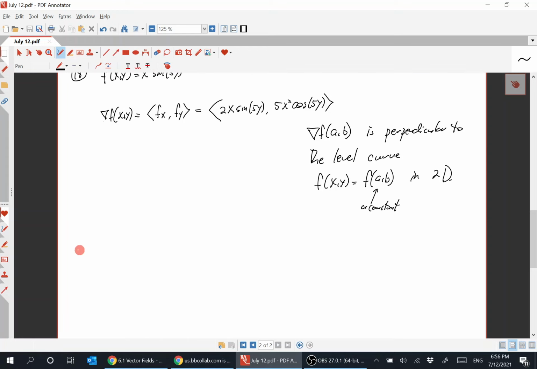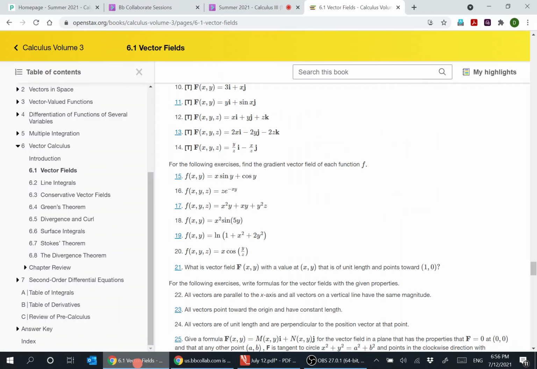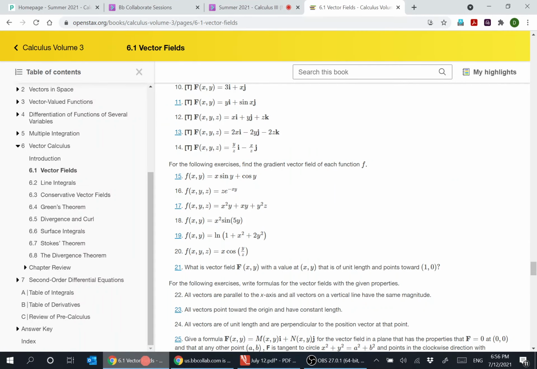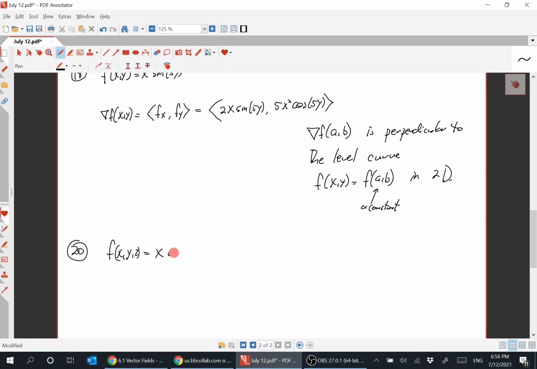Number 20. Three-dimensional gradient field for a 3-variable function. So here's the function. What's the gradient field? So f of x, y, z is equal to, what was that again? x cosine y over z.